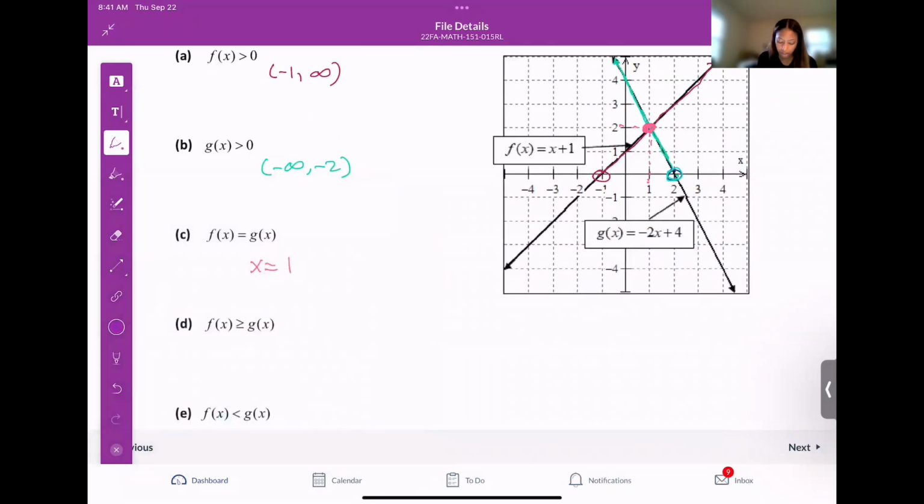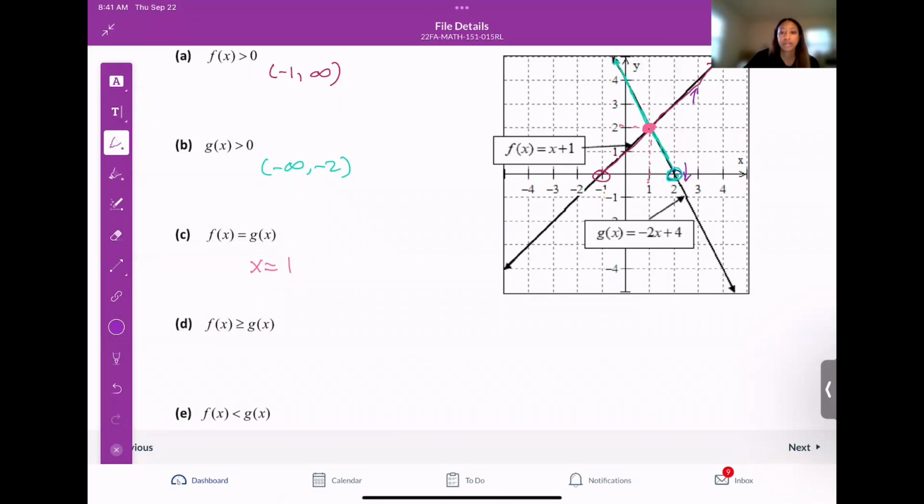And then for part E, when is f of x greater than g of x? So we want to look at the lines and we want to know when is the line for f of x above the line for g of x. So starting at that intersection point, we see to the right of that intersection point, f is above g.